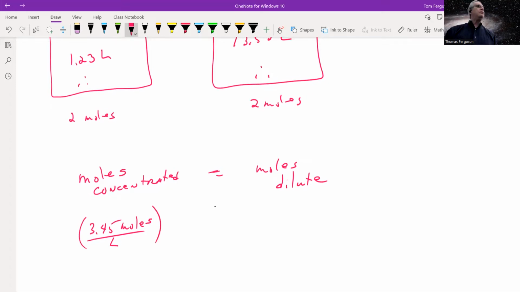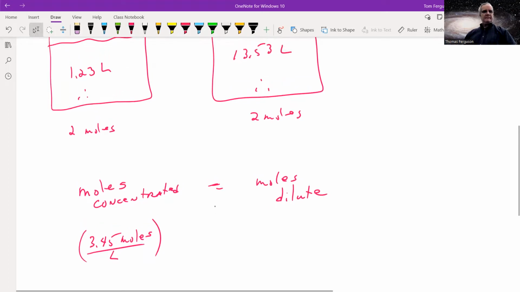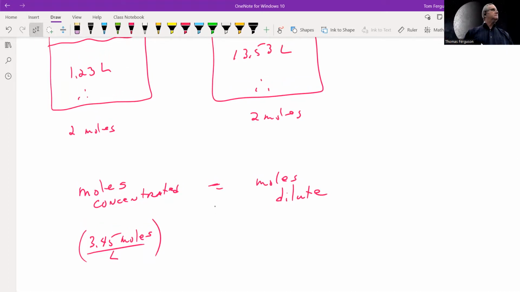How do I get moles if I know the molarity? 3.45 moles per 1 liter. How do I know how many moles is in that concentrated solution? What do we need to multiply the 3.45 by? No, what do we multiply this by to get just moles?